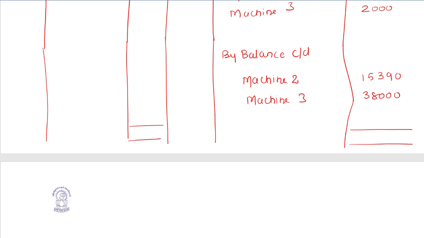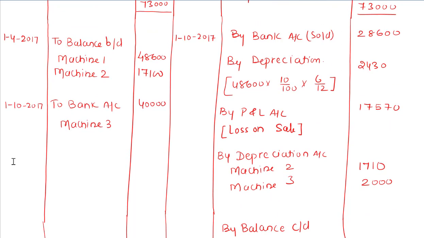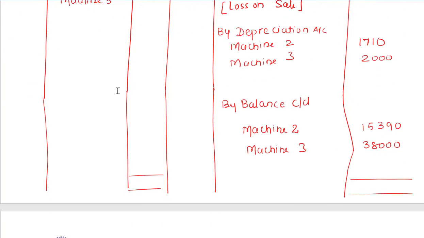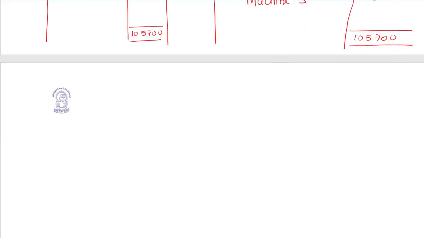Let's do the totals now. 48,600 plus 17,100 plus 40,000 equals 1,05,700.